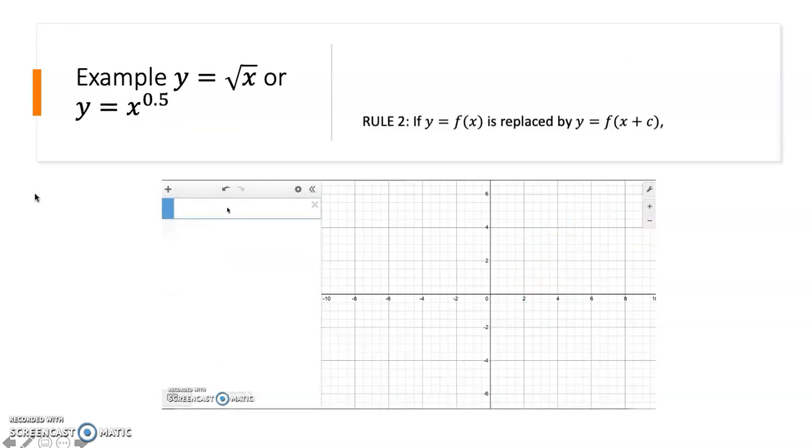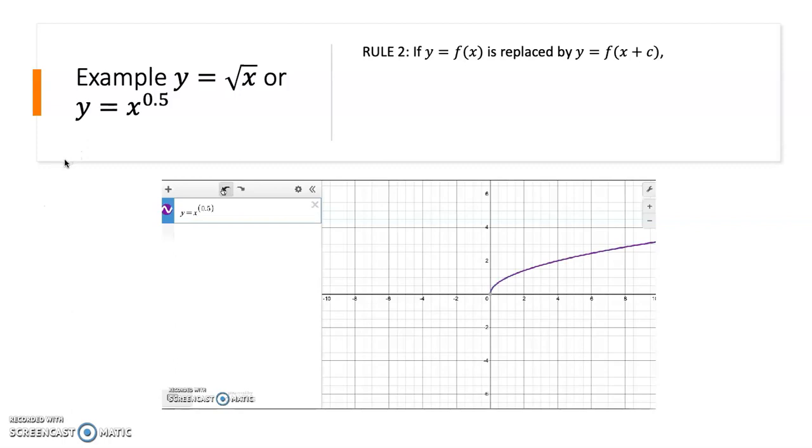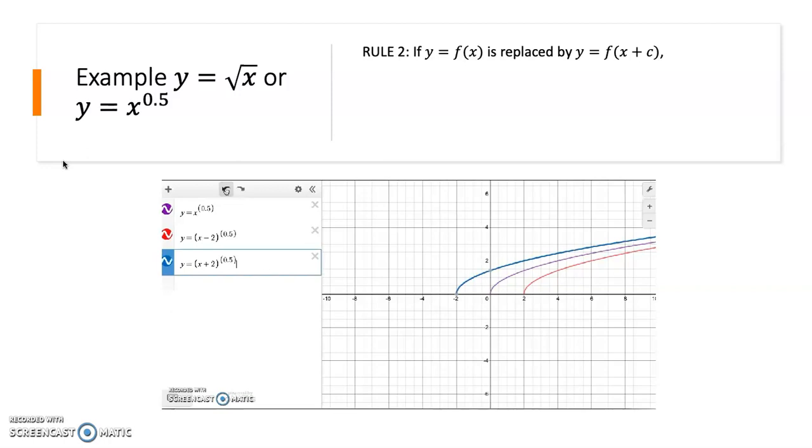Now let's see the second effect, where f(x) is replaced with f(x + c), or the variable x is added with a constant c. Here we see x - 2 for the first effect and x + 2 for the second effect.